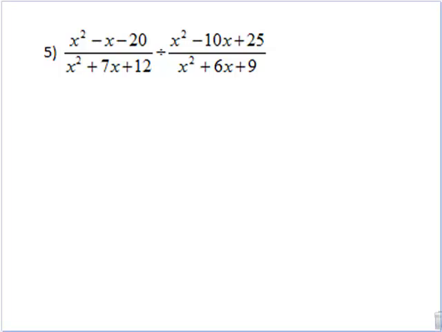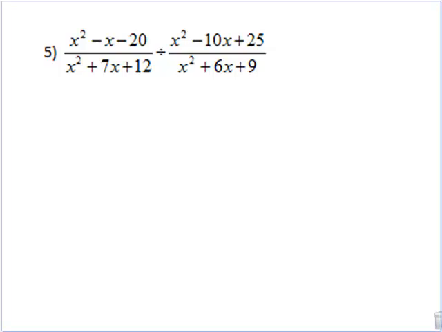X squared minus x minus 20 all over x squared plus 7x plus 12 divided by x squared minus 10x plus 25 all over x squared plus 6x plus 9. So it looks like we could factor all of these?